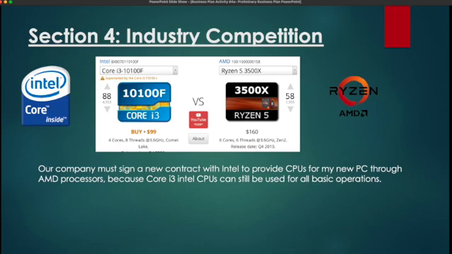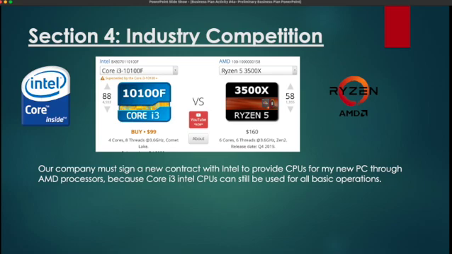Based on the type of work I would like to do, I only need either Core i3 for Intel or Ryzen 5 for AMD. They are pretty much similar. They both would do similar work and give me a similar amount of speed.